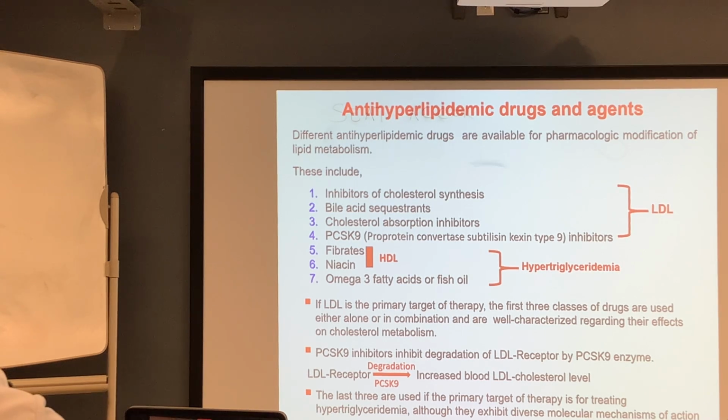So let's say cholesterol, this is the synthesis.